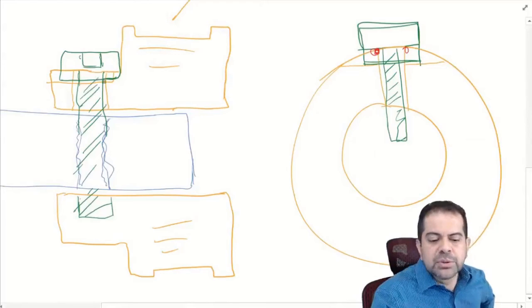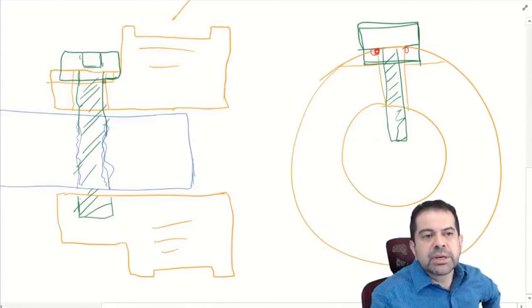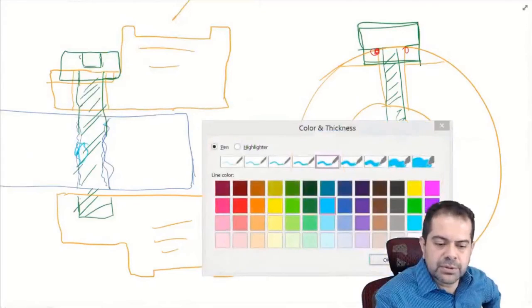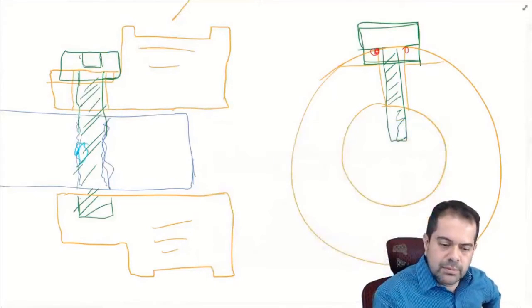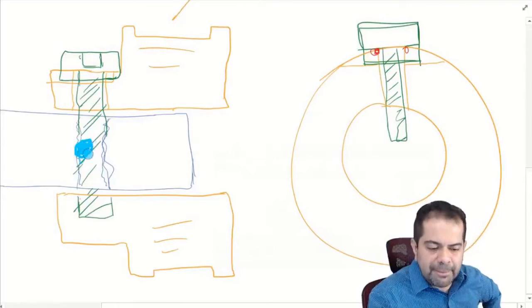That's not an issue. You can apply your thread locking compound, which would end up in this area over here somewhere. I'm just going to represent it like that. You can still have thread locking compound somewhere in there.